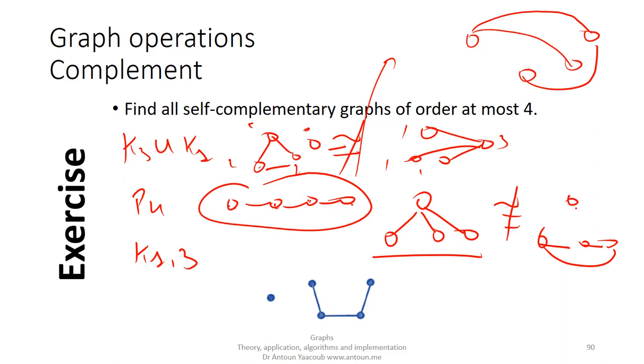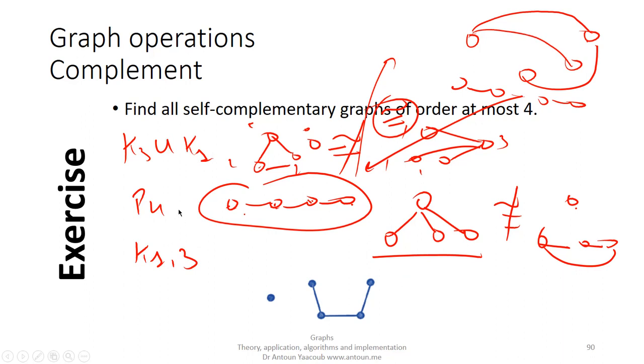The third one is already linked, and this one I will link to the first two. As you can see, if I redraw it differently, it will be equal to this. And yes, this one is isomorphic to this graph. So we have found that only one graph is self-complementary. For order 4, just P4 is self-complementary.